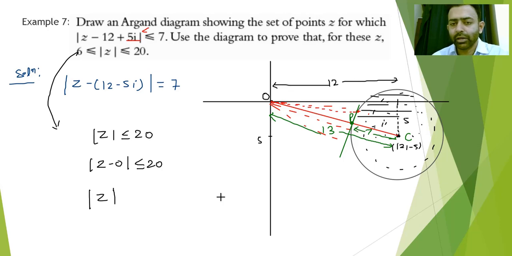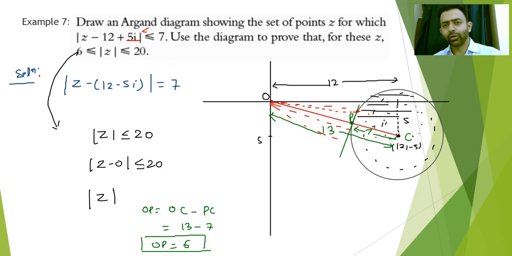So OP will be OC minus PC, which is the radius. OC is 13 and PC is the radius, which is 7. So the distance OP is 6, which is the least value of the mod. All other distances of point z will be greater than this 6.